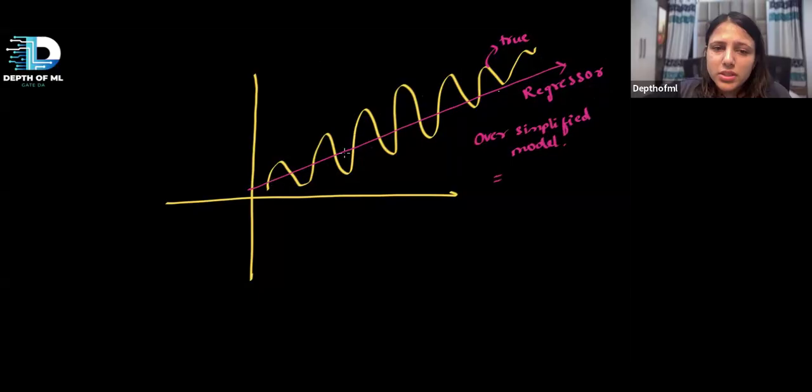So here you will have a very high bias, because this is a very oversimplification of the model that you actually had. You probably should have fitted a model like this, but you fitted a very simple model to it, and hence its prediction values will be way off from your true values. Fine.